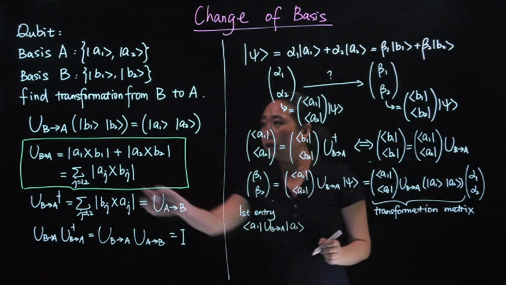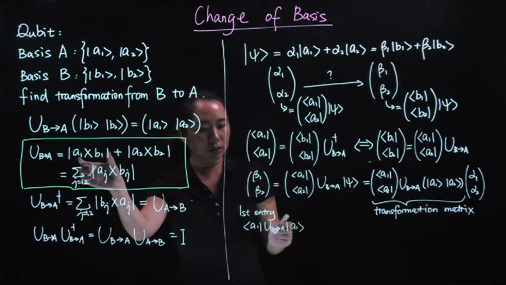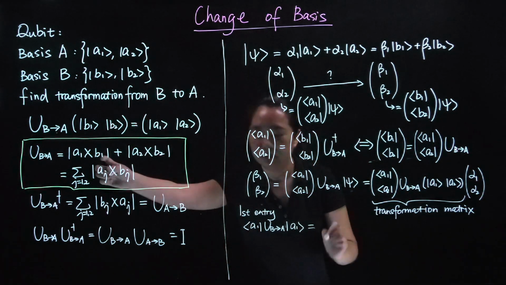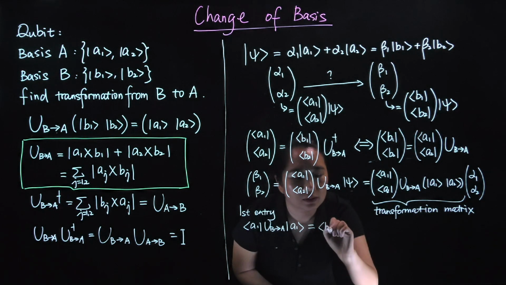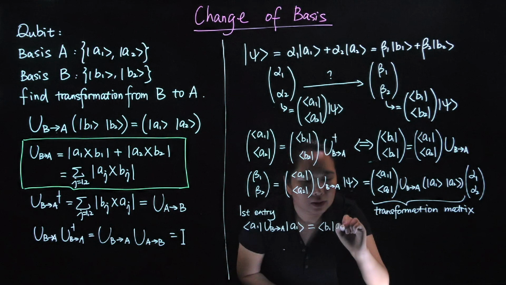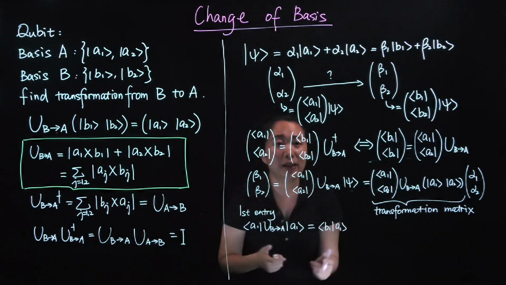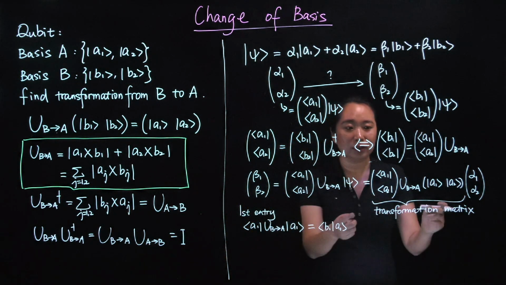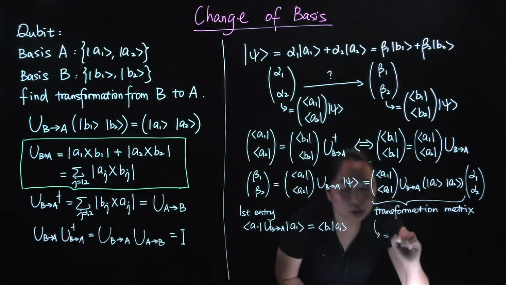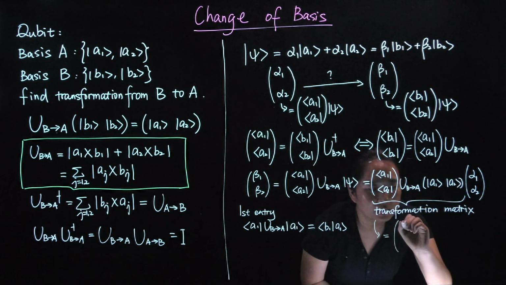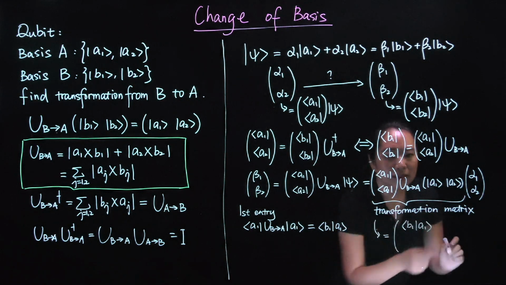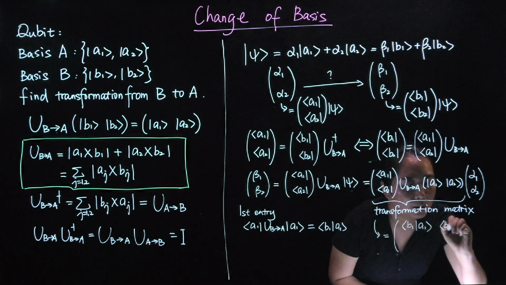So now we can use this expression that we have worked out earlier and recognize that this is just the inner product of bra B1 and ket A1. Similarly, now we can work out other entries of this transformation matrix. So the first entry is just B1 A1, and the second entry would be B1 A2.